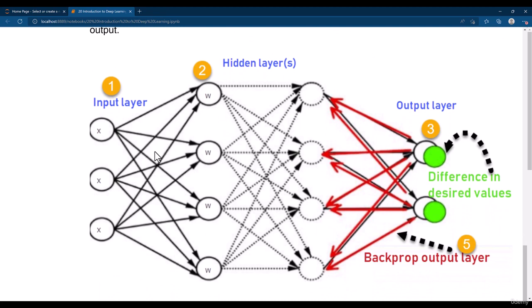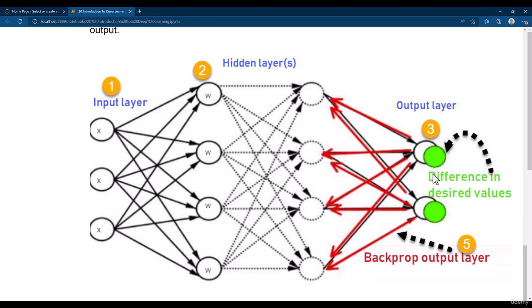So suppose this is your input layer, and then the hidden layers, and there are many hidden layers inside. So information is flowing to the output. But the problem is, suppose that this one is your target output, but the prediction is a little off from the actual output.